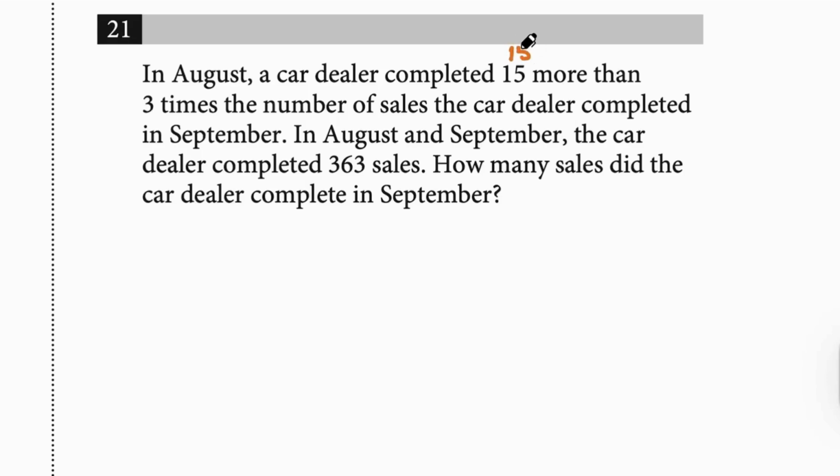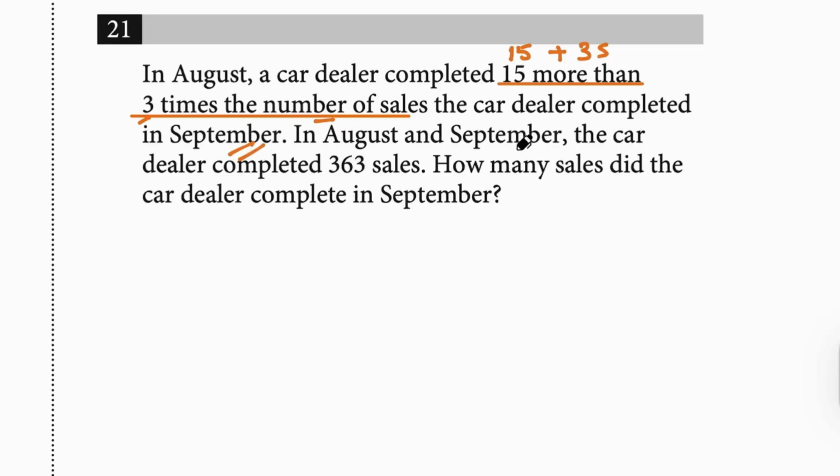So 15 more than 3 times the number of sales. So I have decoded this particular part. In September there is some sale, and in August this is the one.